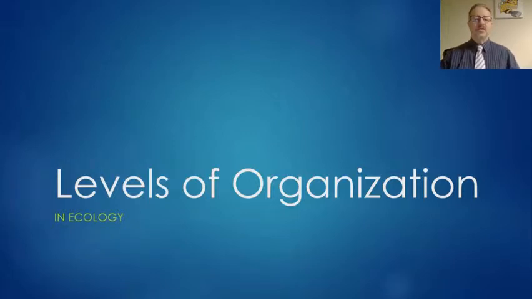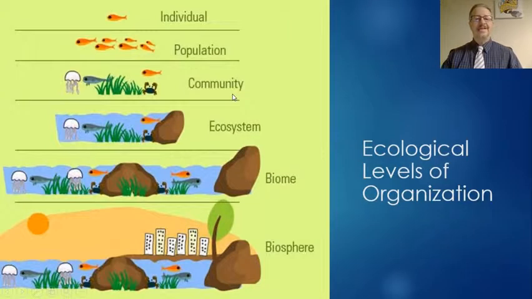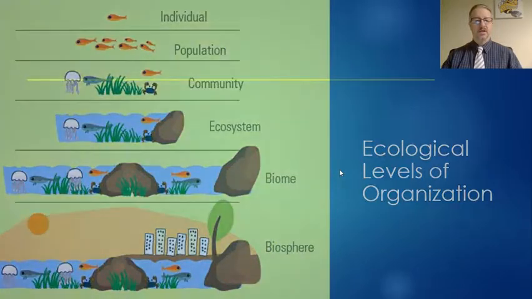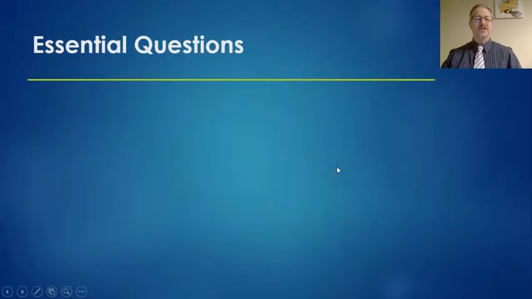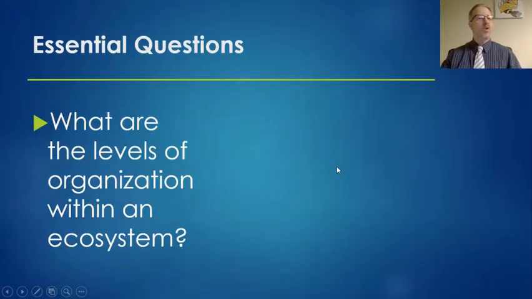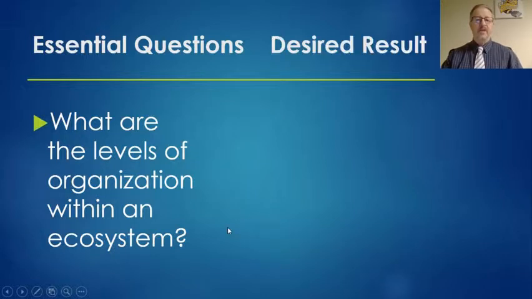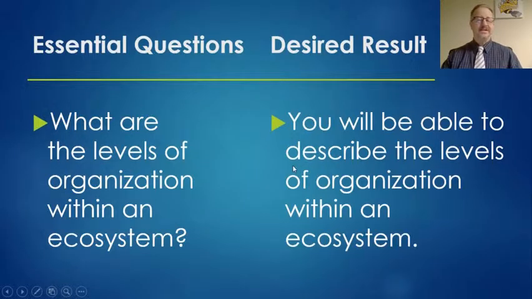In today's lesson, we'll be looking at the levels of organization in ecology, and we'll be taking a look at 6 various levels of organization, which you see here on the screen. Our essential question today will focus on what the levels of organization within an ecosystem are. So our desired result is similar.